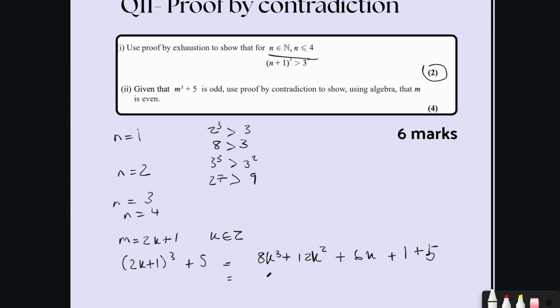Then you will get 2 bracket 4k cubed plus 6k squared plus 3k plus 3, which is actually even. So that goes against the assumption that that would be odd. So that's a contradiction. So you do have to lay these out very, very detailed, not like I have, but you get the idea.